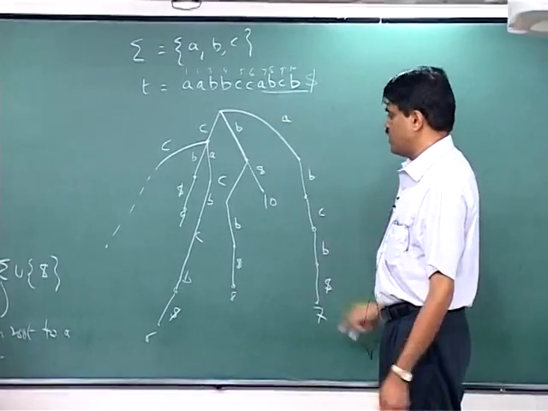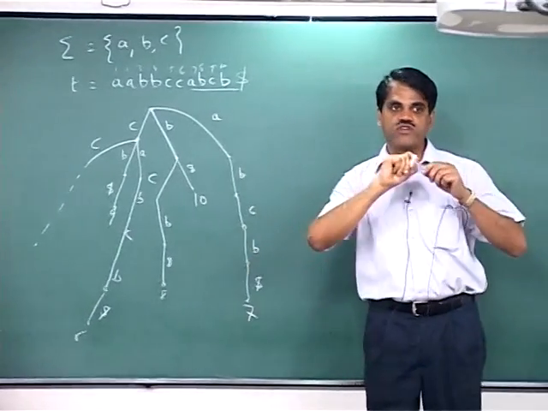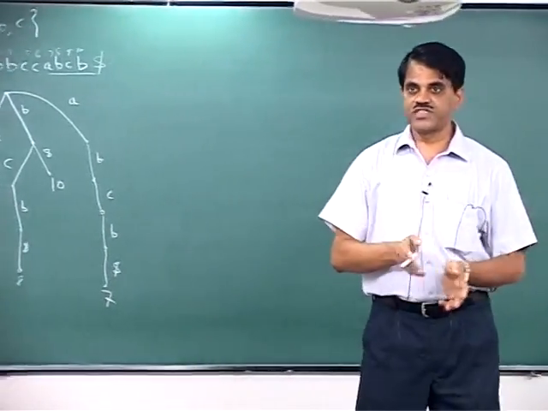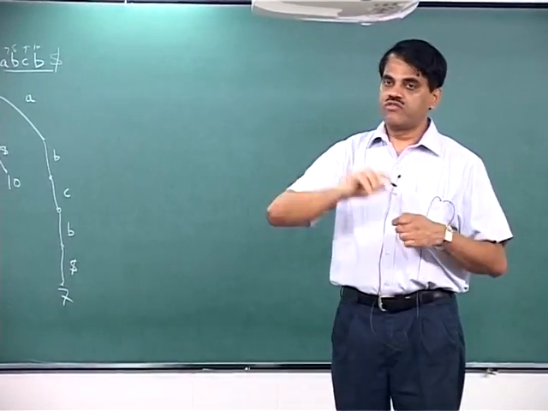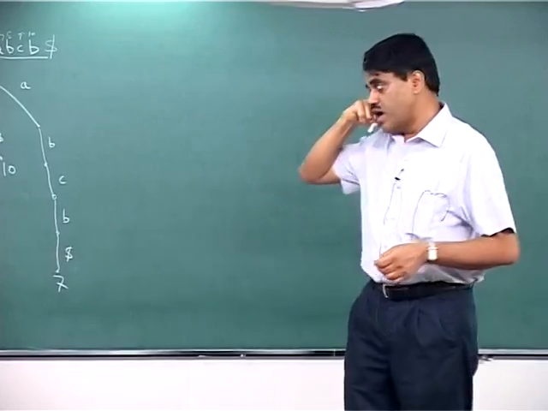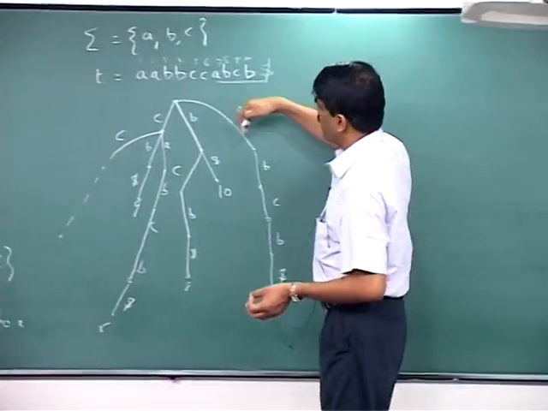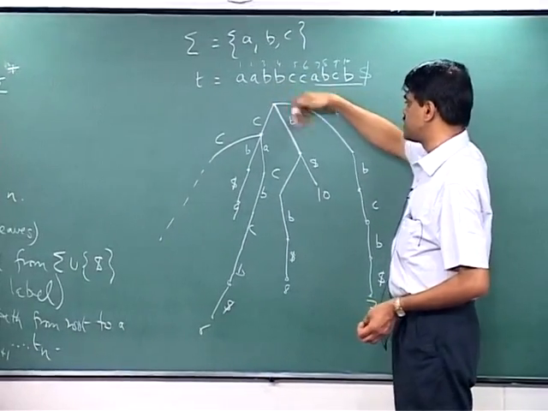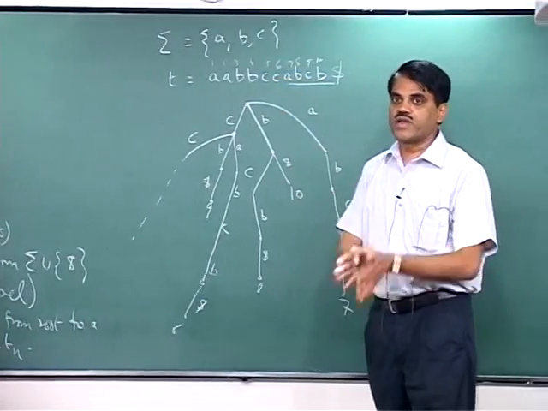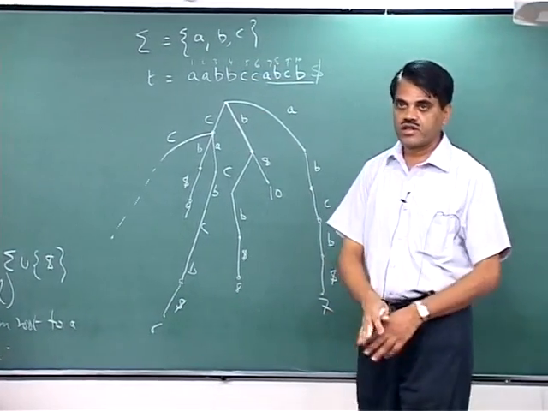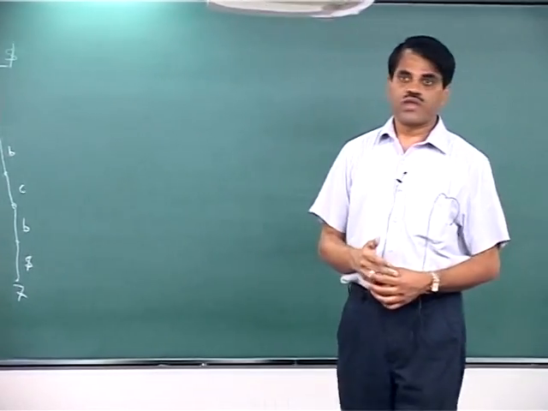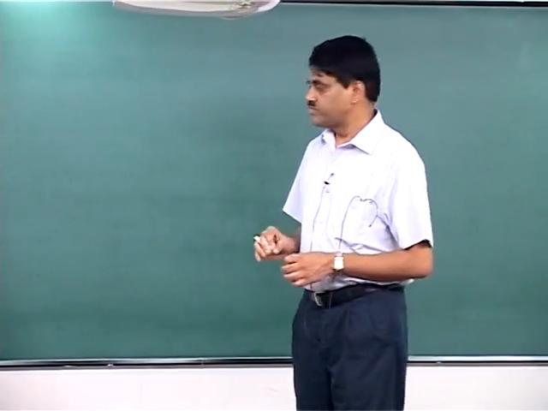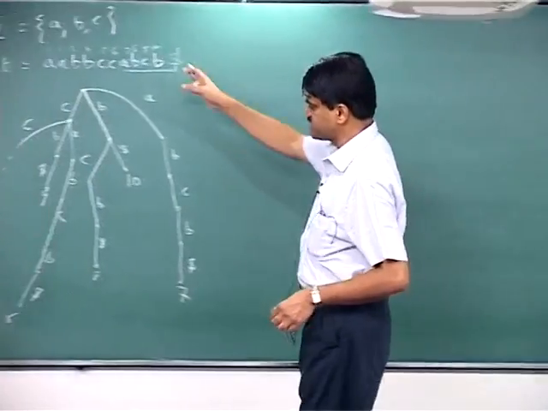I just want one leaf for every suffix, but I'm sharing the label. So I don't want to create a separate path for every leaf, but when they overlap on certain symbols, I just use the common edges and then branch off wherever I need to branch off. Okay, is that clear? So you can fill up and construct the suffix tree.